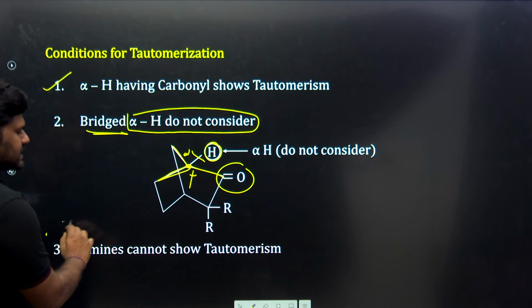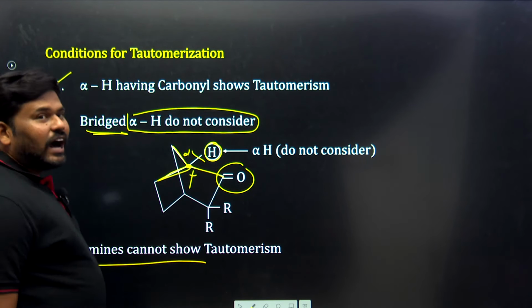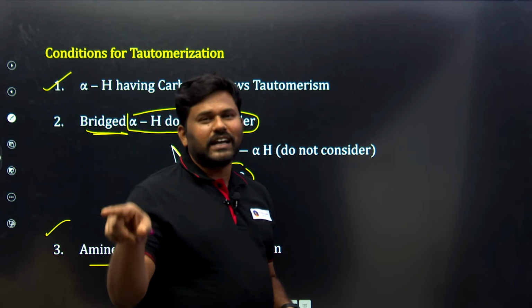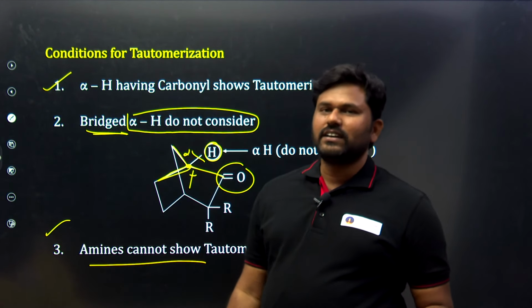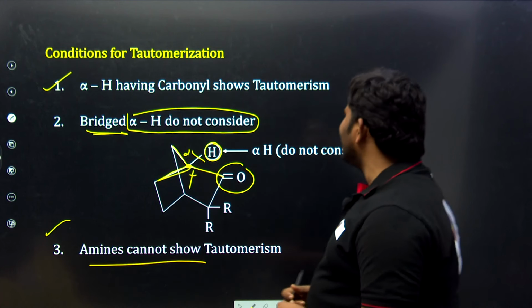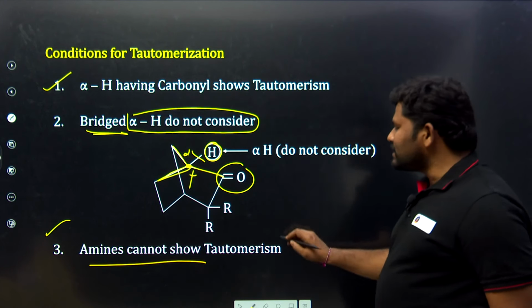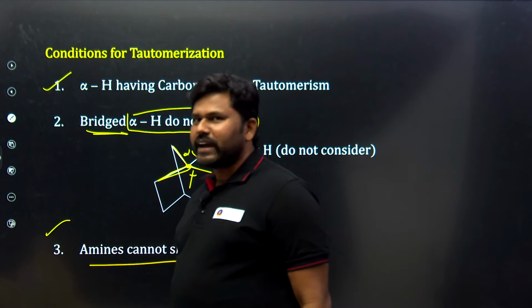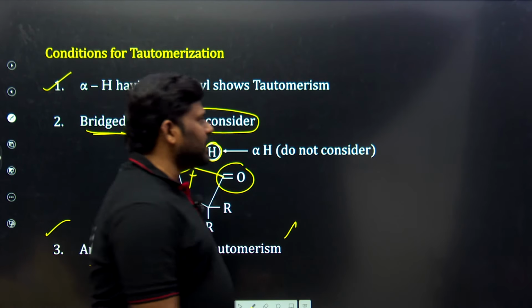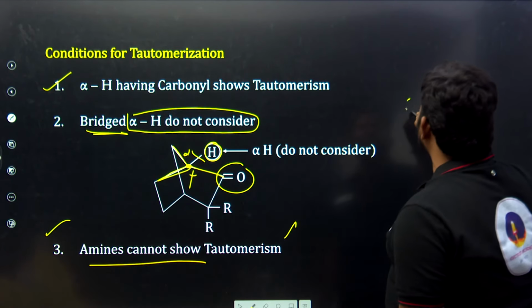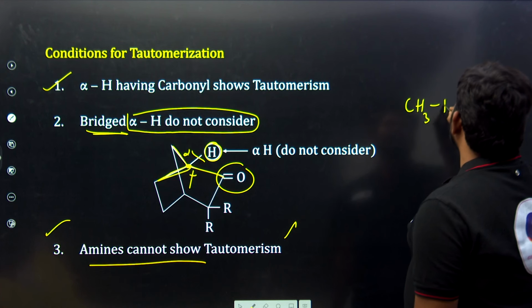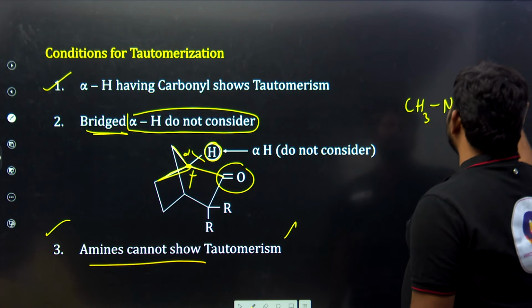Next, amines also cannot show tautomerism. We need alpha hydrogen and simultaneously a double bond also. Amines do not have double bonds. For example, I am taking CH3NO2, which will show tautomerism. Why?